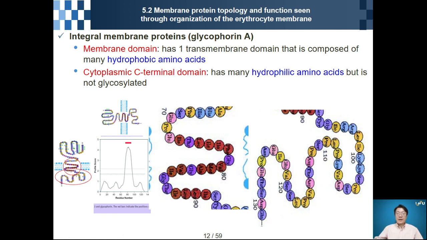So they have many hydrophilic amino acids, but it is not glycosylated. For example, they have asparagine, serine, and threonine, but these are not glycosylated. There is no O-linked glycosylation and no N-linked glycosylation.